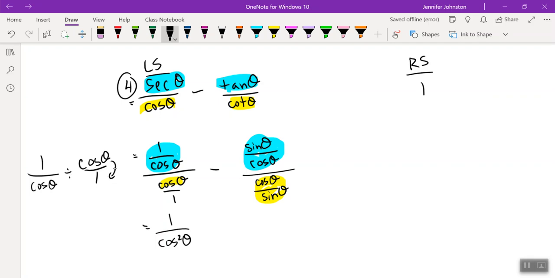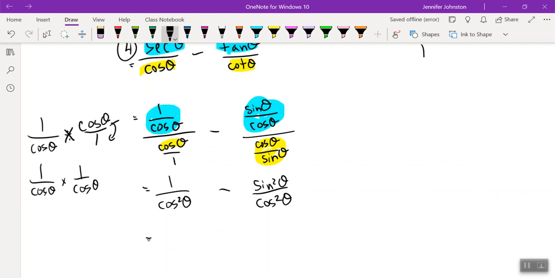We need to switch it and multiply. So that's 1 over cos theta times 1 over cos theta. So we get 1 over cos squared theta minus, and then again, this is going to flip, the sine is going to come up with this sine, and the cos is going to go with this cos. So we're going to get sine squared theta divided by cos squared theta.